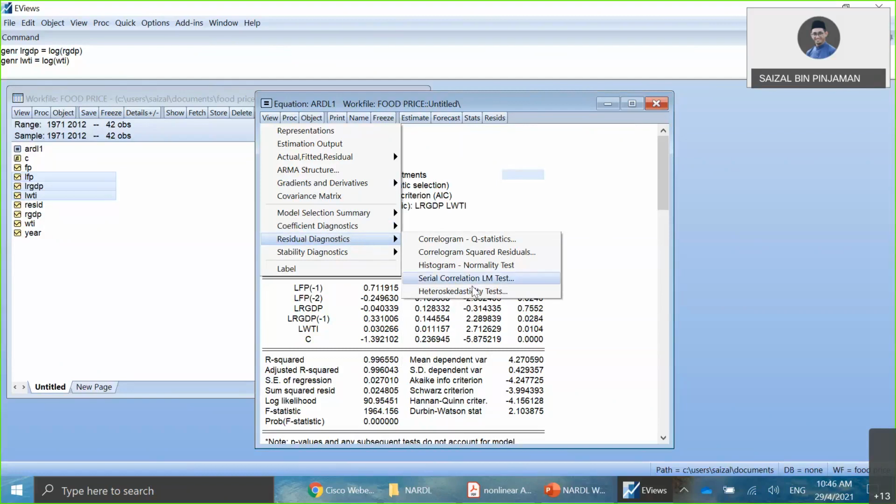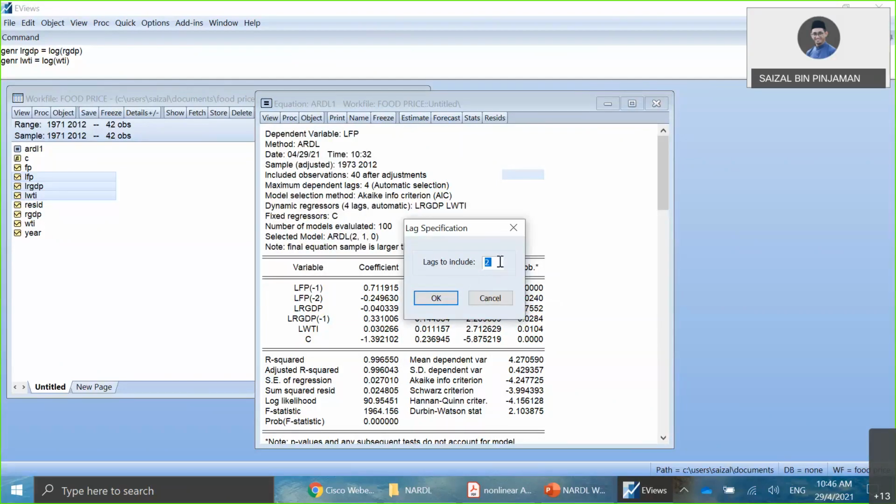So here, if we run the serial correlation, we can include a number of lags. So what do these lags mean? These lags mean we wanted to see how many lags in the error term influence the present error term.